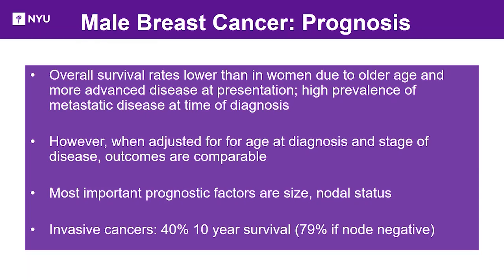However, when studies have adjusted for age at diagnosis and stage of disease, the outcomes are comparable. And the most important prognostic factors are size and nodal status. And overall, the survival rate for invasive cancers is a 40% 10-year survival rate. It's higher, close to 80% if it's node negative.